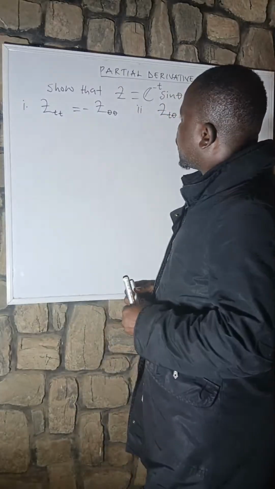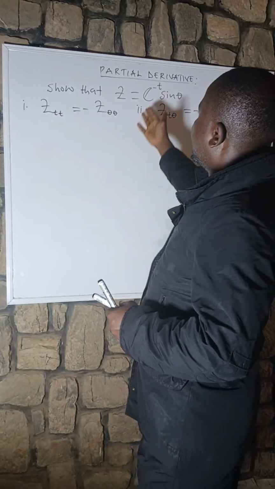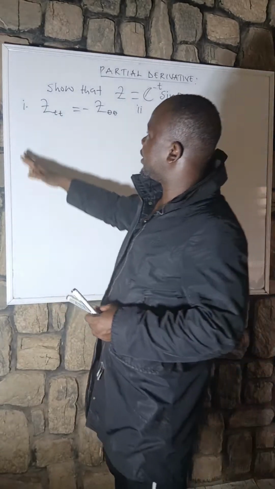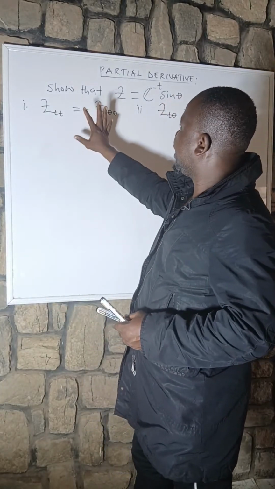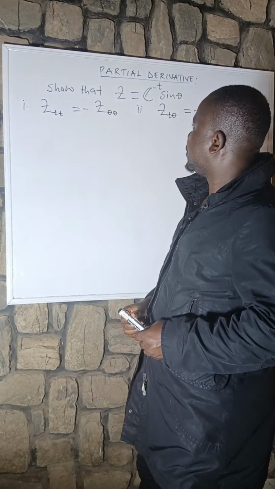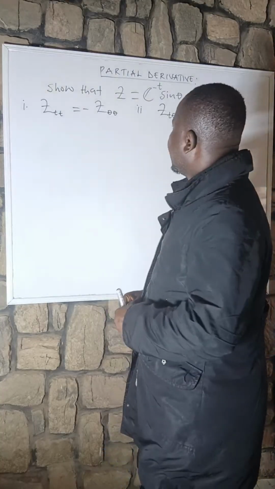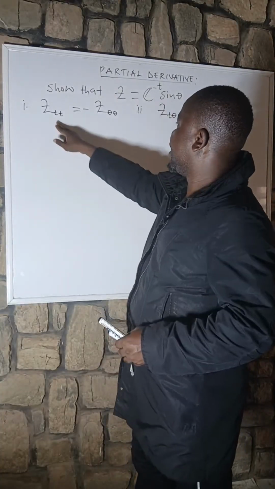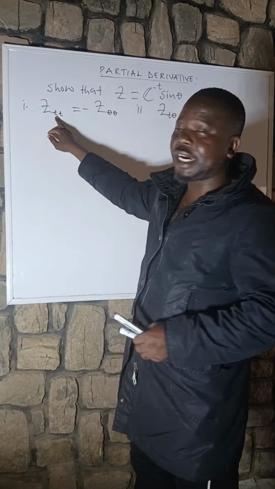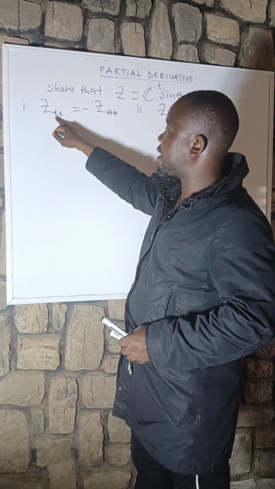So let's proceed further to look at this function. This is the one that we should differentiate partially with respect to t. How many times? Twice. That's the meaning of this.